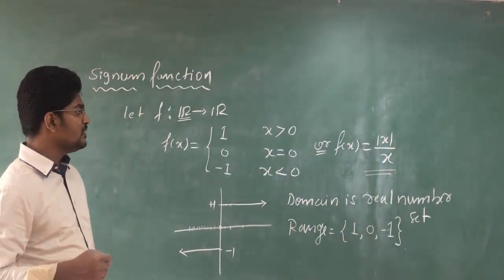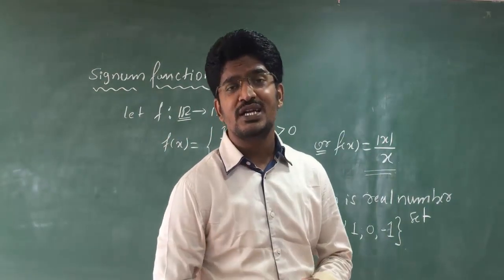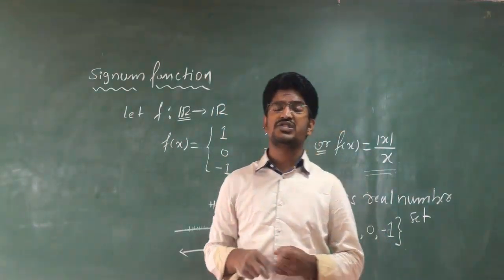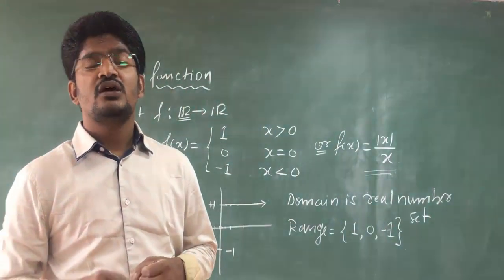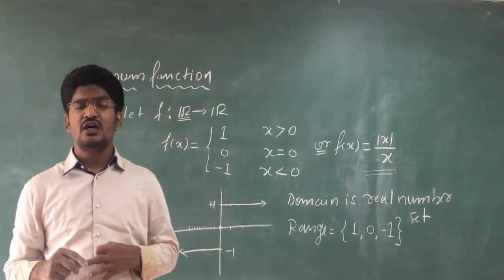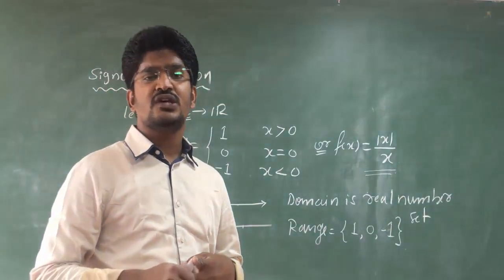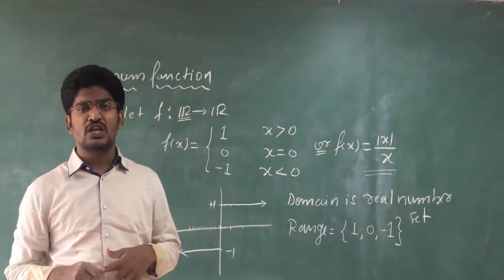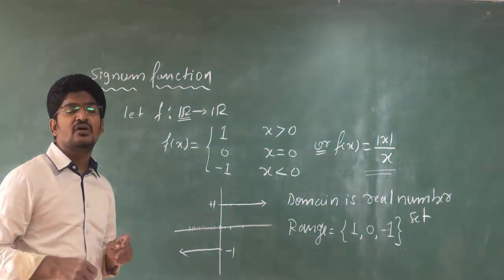So my dear students, we have come across important functions like first the identity function, next the constant function, next the modulus function. After that we went through the rational function, after that the polynomial function, and now we are studying the signum function.